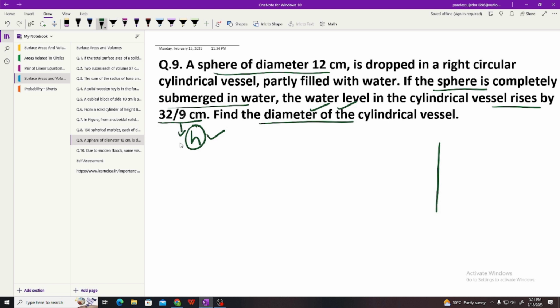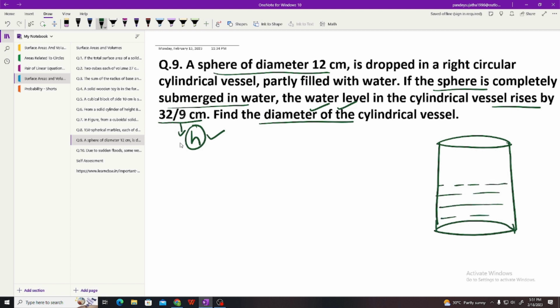So in a cylindrical vessel which is partly filled with water, and here a sphere is placed inside the vessel and the diameter is given here as 12 centimeter.